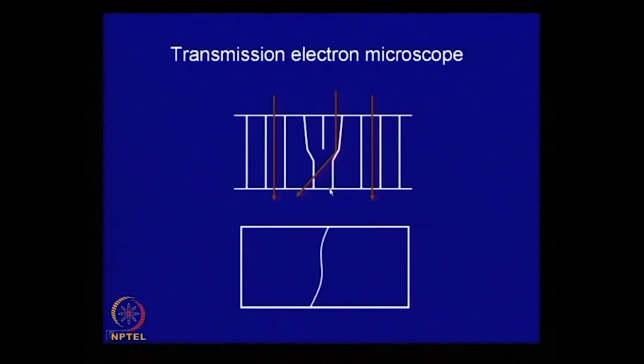Now, when you are looking at this microstructure, there is a provision to tilt the sample, and if you tilt the sample here, you can also get an orientation where this line will disappear. That means this line beam will pass through and through.